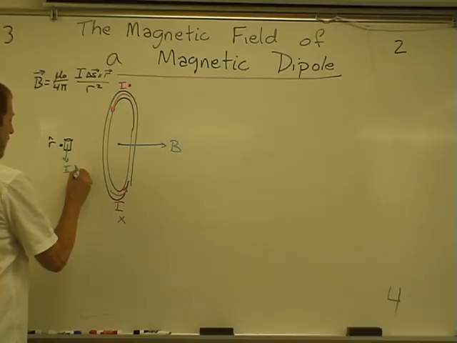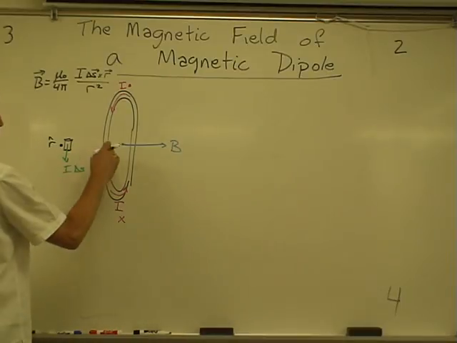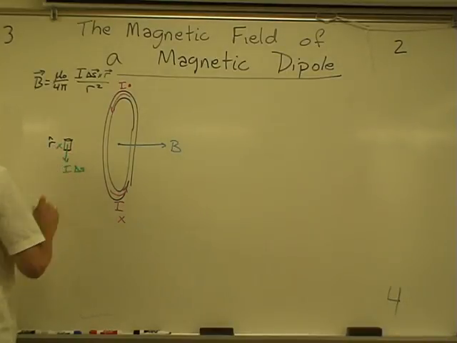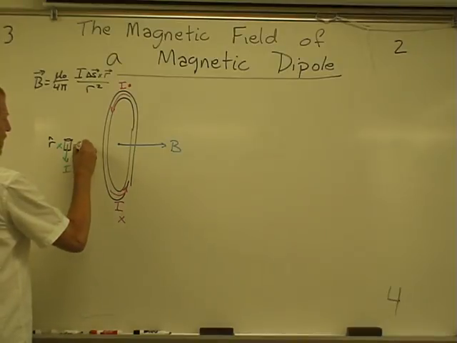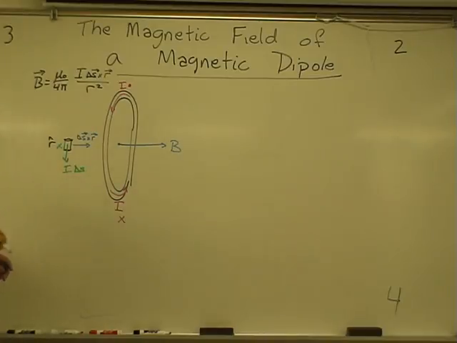If this is the direction of I ds downward, and I am looking at this, because, sorry, r is going from this point inward, so r will be into the board there, which means that the cross product will be in the outward direction.